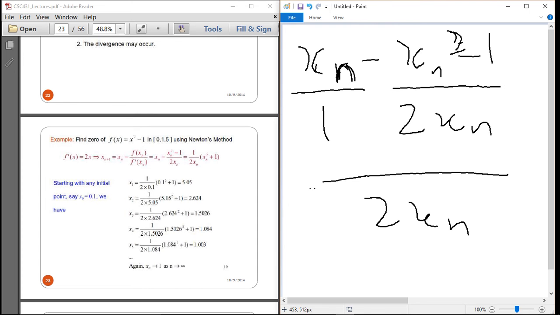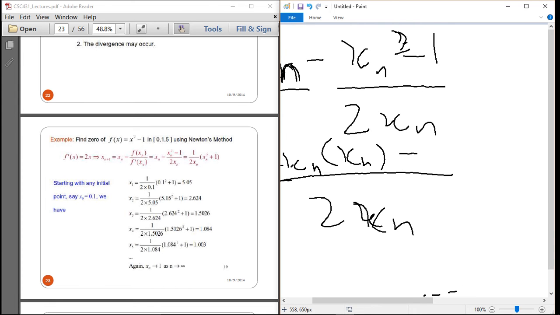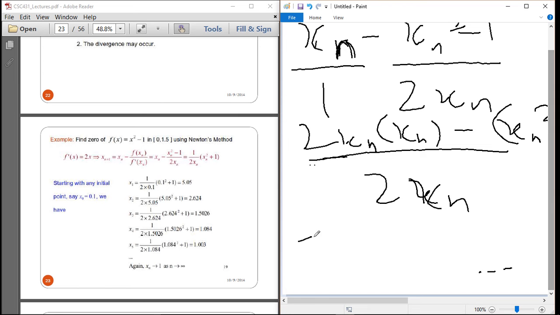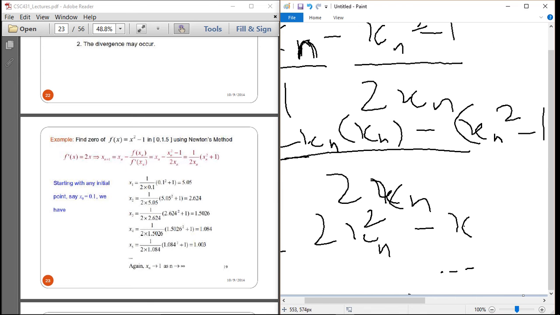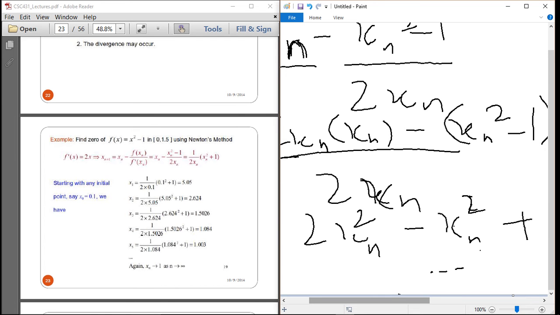So 1 is this, give it 2xn, multiplied by this, you're going to have 2xn squared minus xn squared minus 1, and we're going to have this over 2xn.